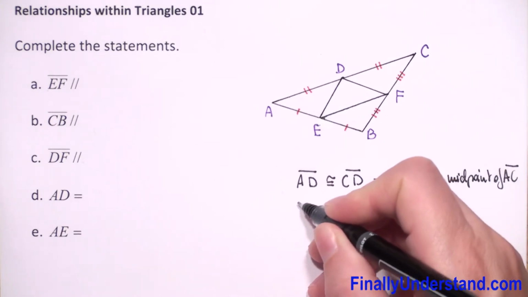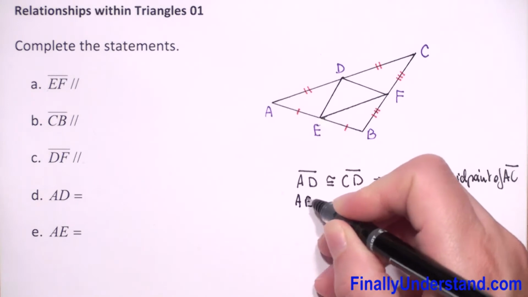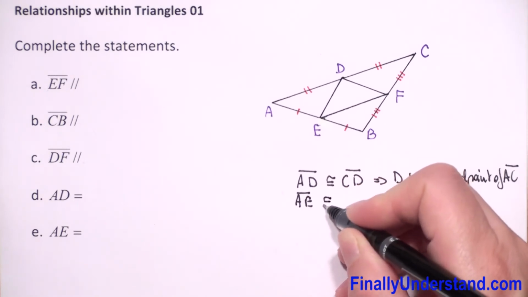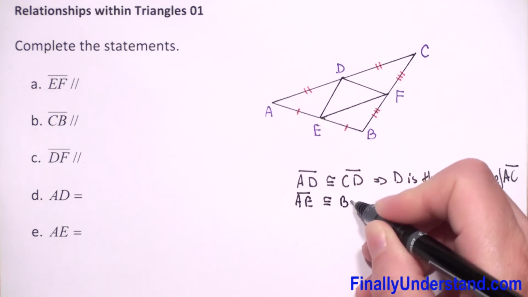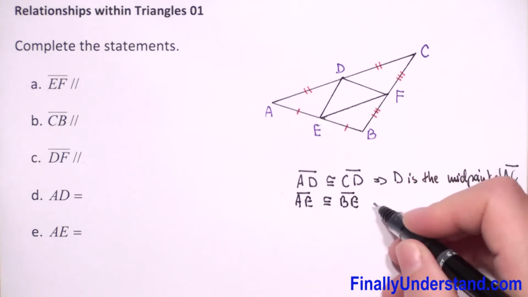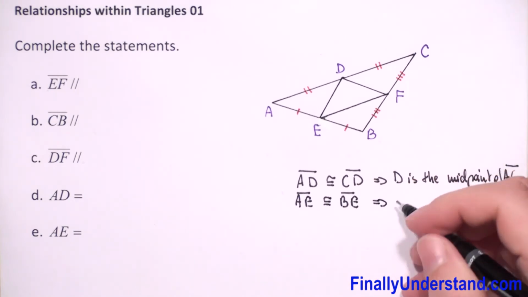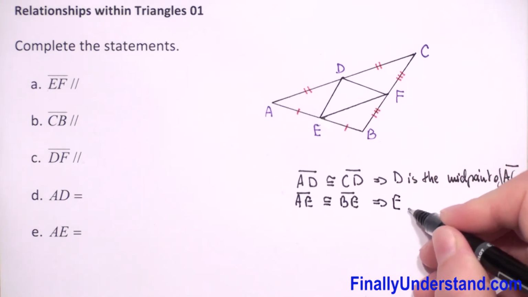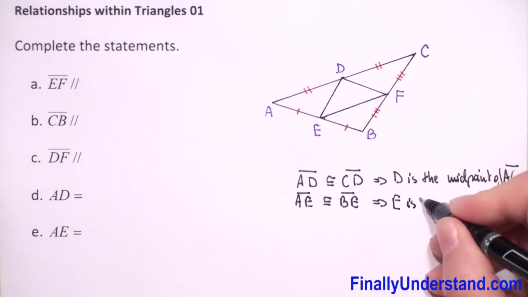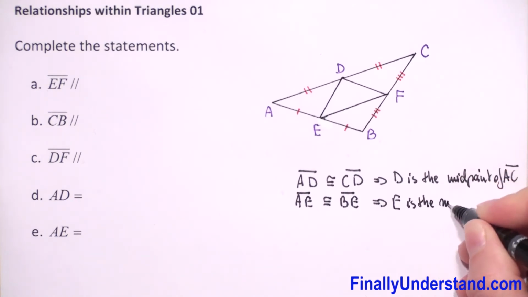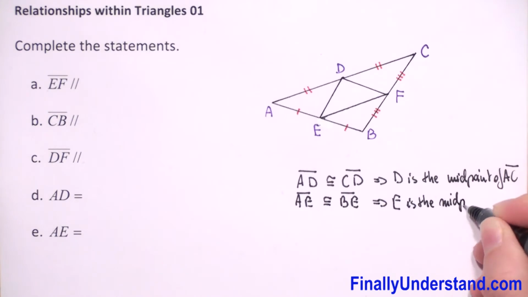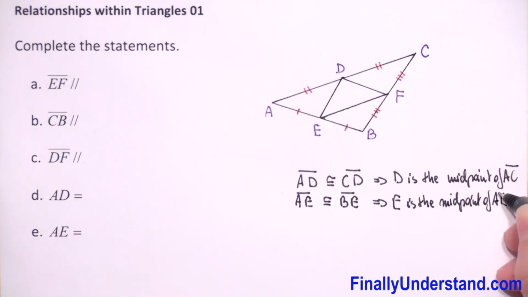So we can write that AE segment is congruent to BE, and it means that E is the midpoint of AB segment.